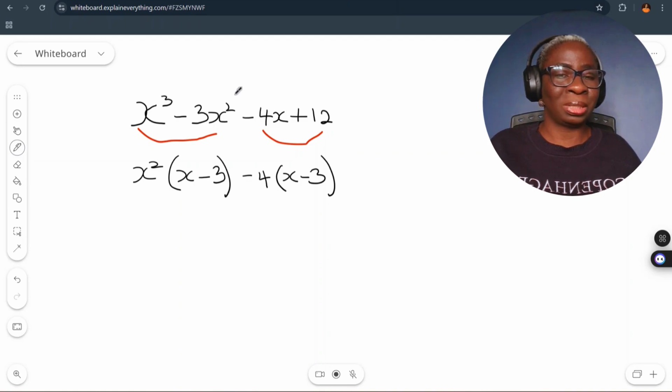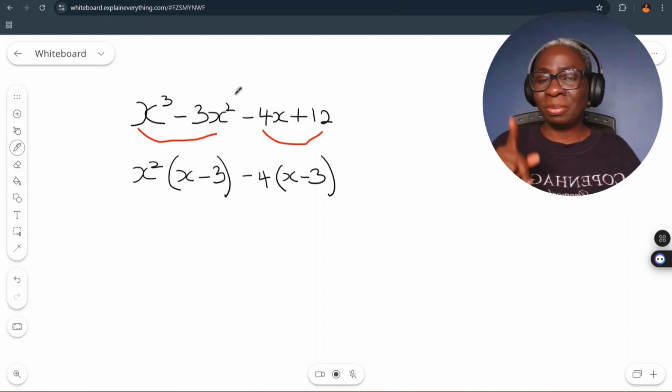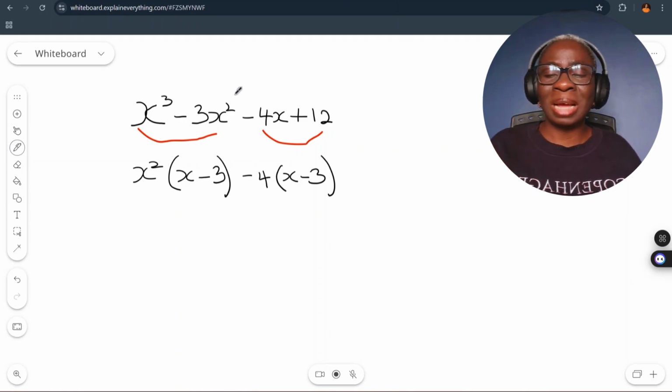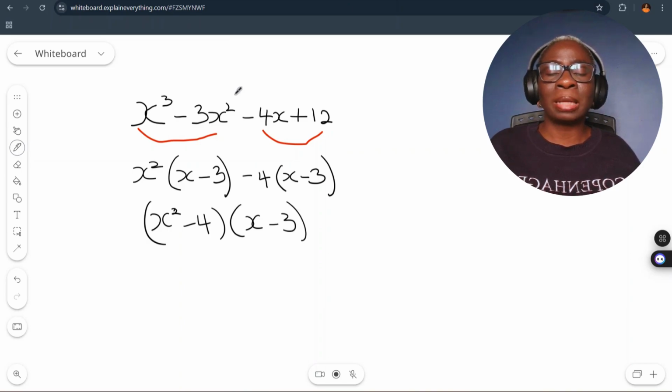Don't forget that we brought out negative here, and negative times negative will give positive. So when you're solving something like this, be careful of the signs. That means here now we would have x squared minus 4 in brackets, and since we have the same thing here, this would give x minus 3.